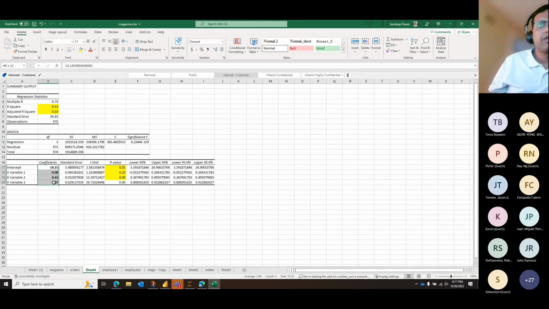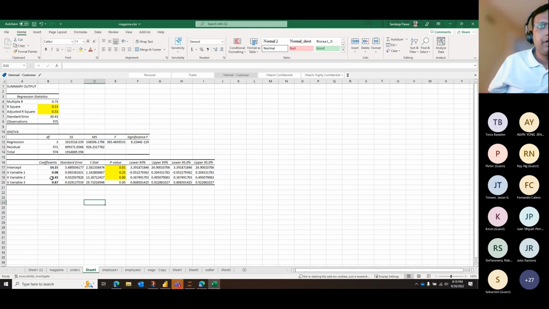Look at the coefficients, the betas that we talked about at the start of the presentation. Beta 0 is the intercept, which is this. Then beta 1 is 0.08, multiplied by the x variable. So if we were to create an equation out of this, it would be 14.5 plus 0.08 multiplied by this, and so on and so forth.